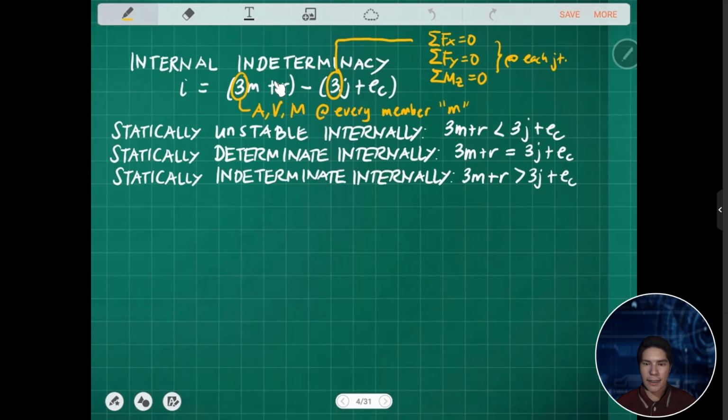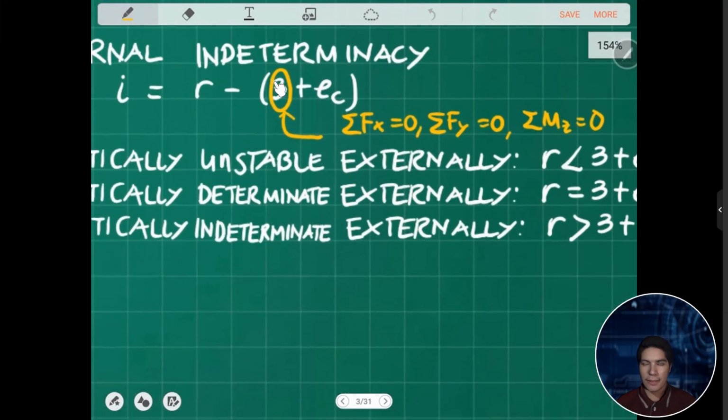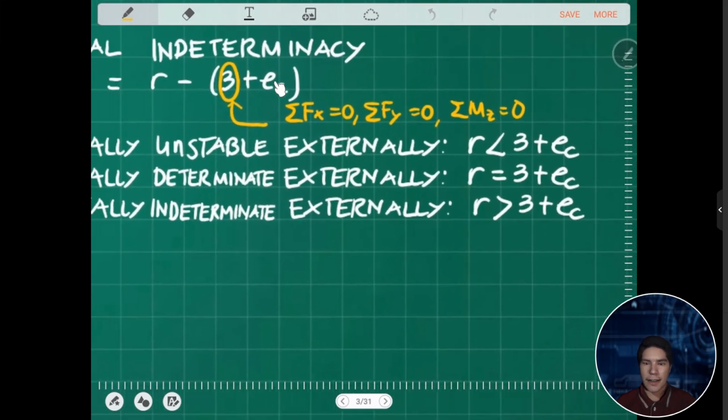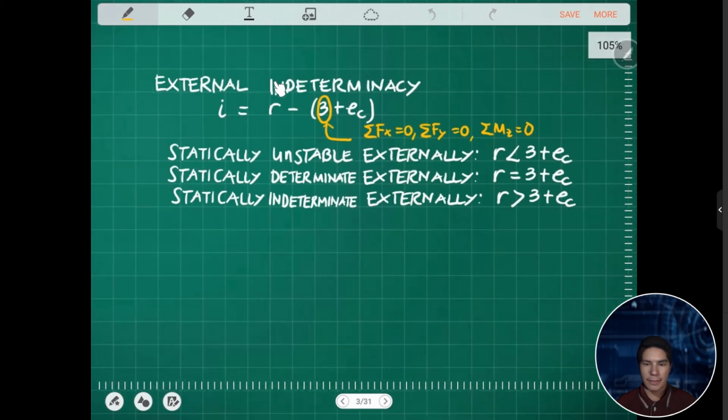Before that, it is considered unstable externally if the reaction is less than 3 plus EC, determinate externally if R is equal to 3 plus EC, and indeterminate externally if R is greater than 3 plus EC.